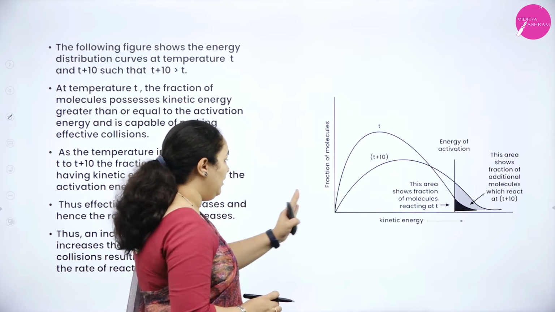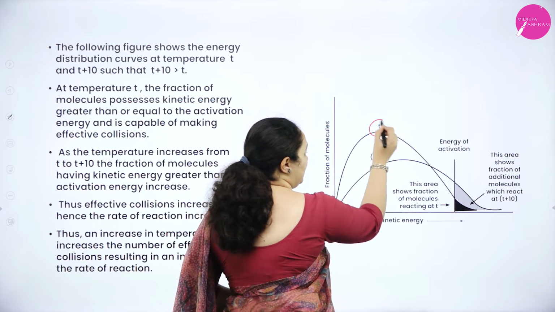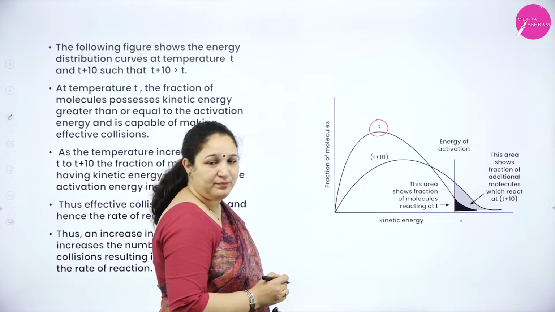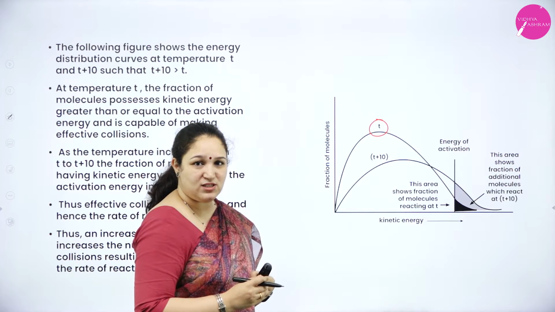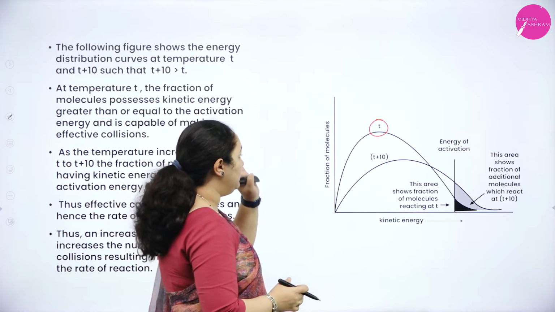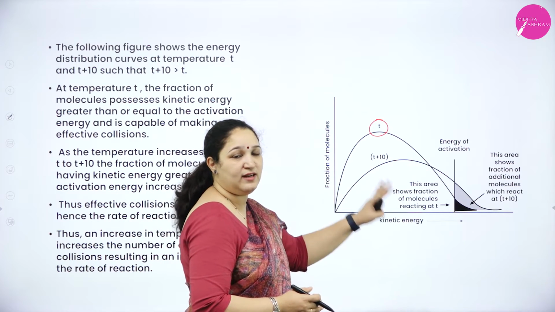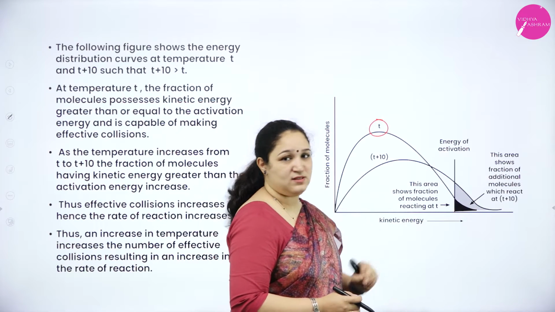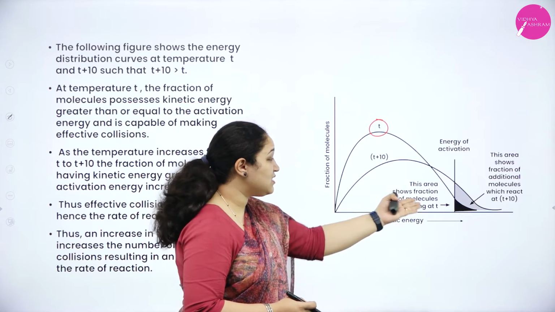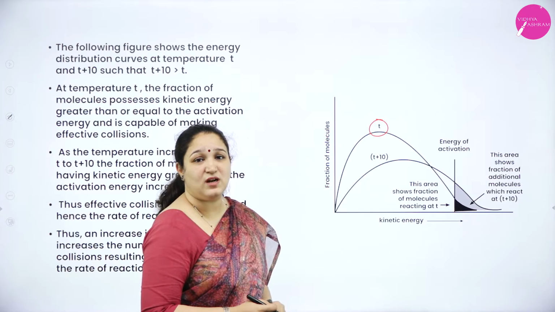So first they plotted a graph at temperature T. And then they increased the temperature by 10 degrees Celsius and found out the fraction of molecules and kinetic energy and plotted the graph. They got it like this. Now what can we understand from this graph?